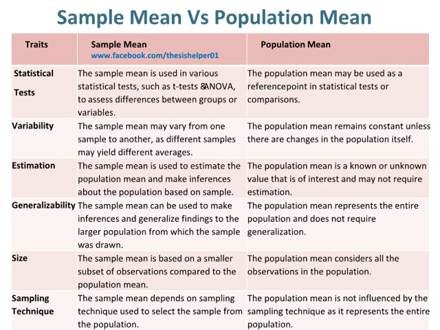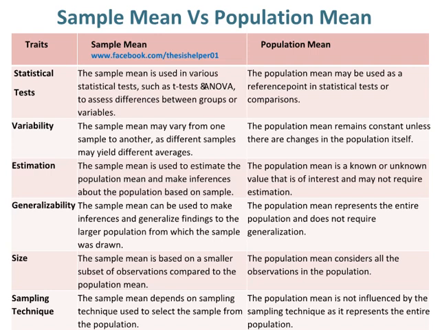The sample mean can be used to make inferences and generalize findings to the larger population from which the sample was drawn. Whereas, the population mean represents the entire population and does not require generalization. The sample mean is based on a smaller subset of observations compared to the population mean.